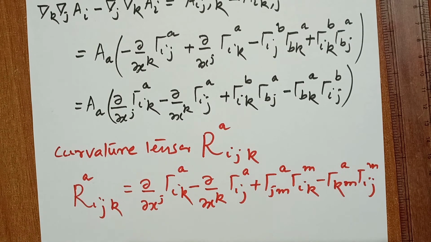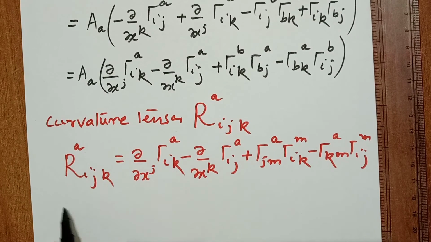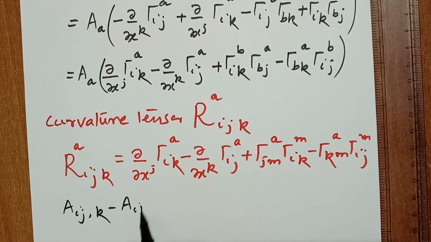Here m is a dummy index in each of these terms. So this is the definition, and we get R^a_{ijk} − R^a_{ikj}.